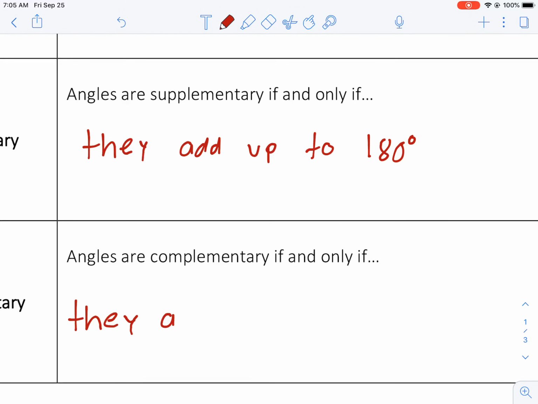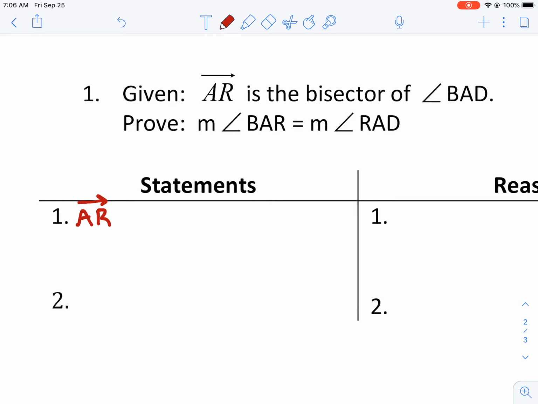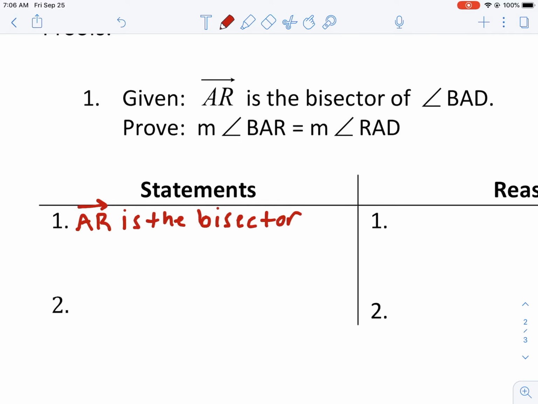Given, what are we given? We are given that AR, I can't write today, guys, AR is the bisector of angle BAD.